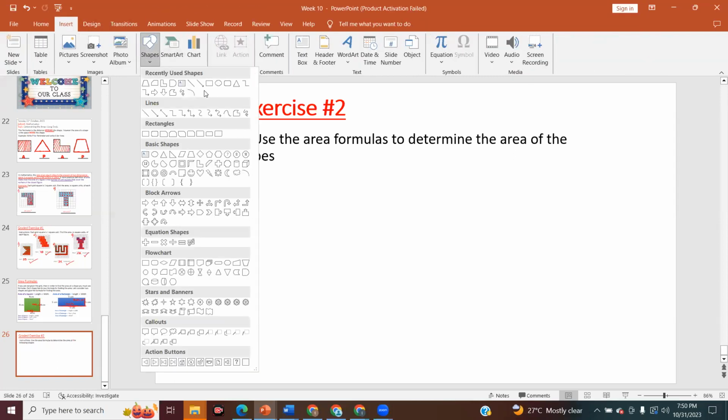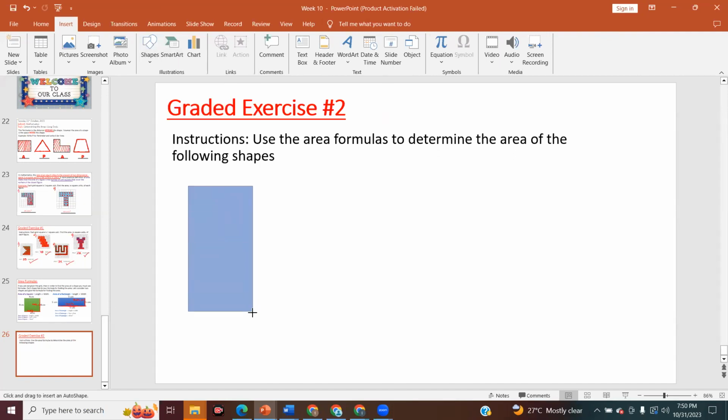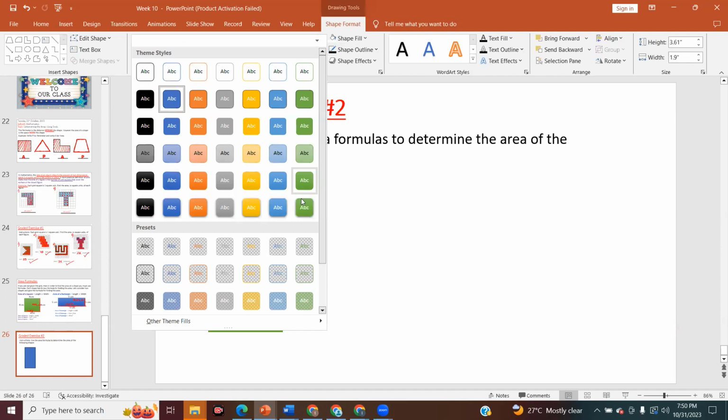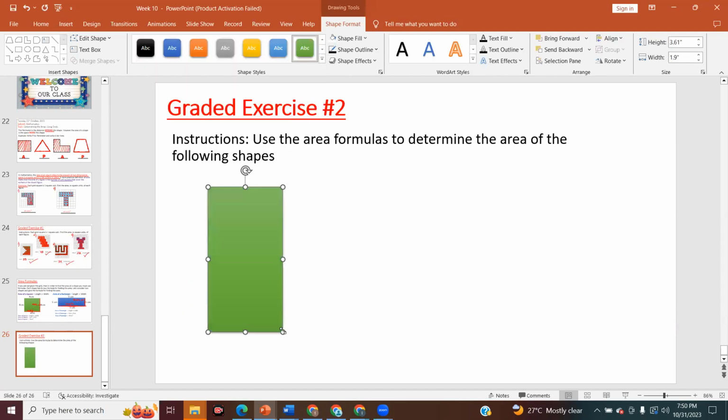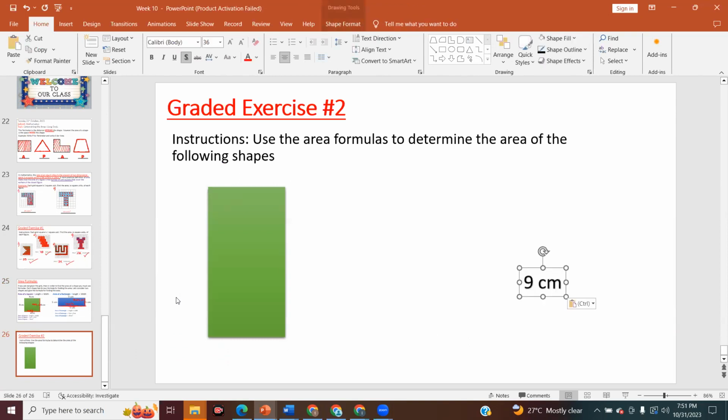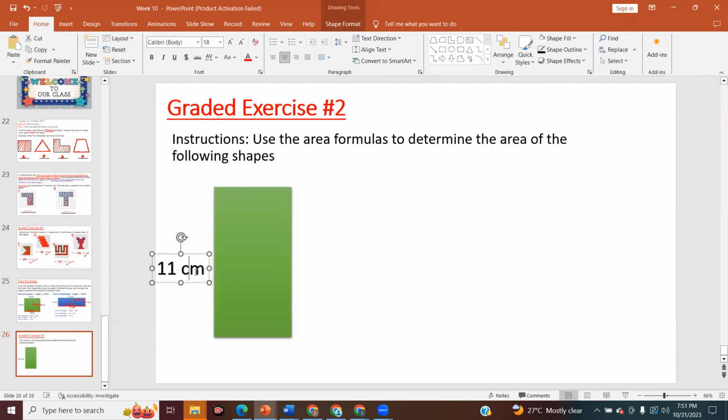Say for the shape we have, for this side, 11 centimeters, which means that this is also 11.